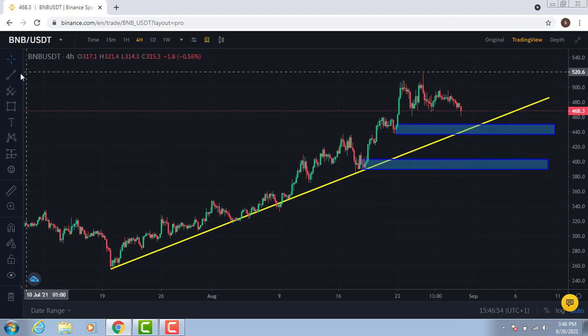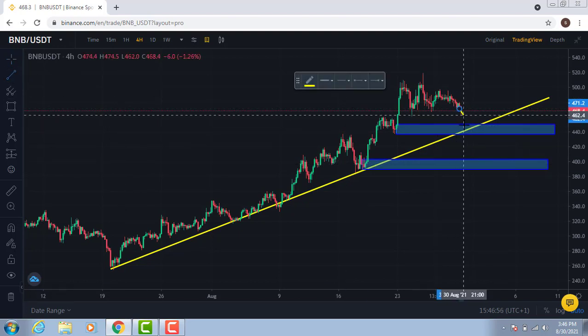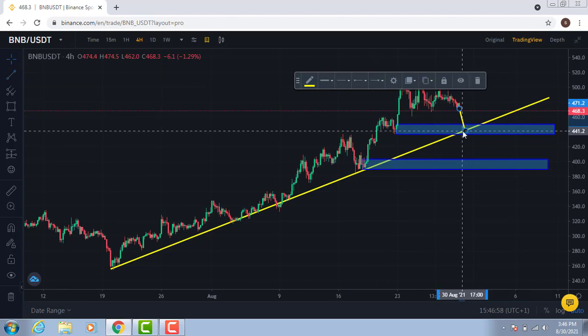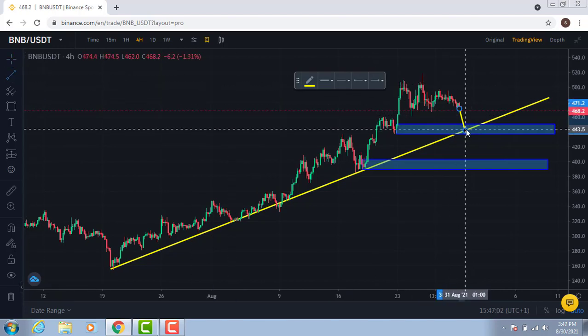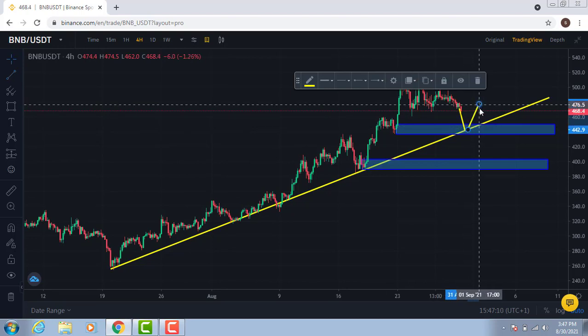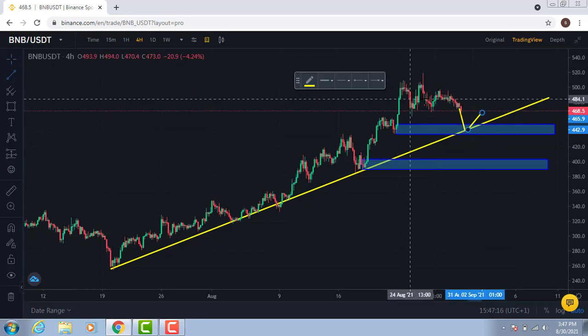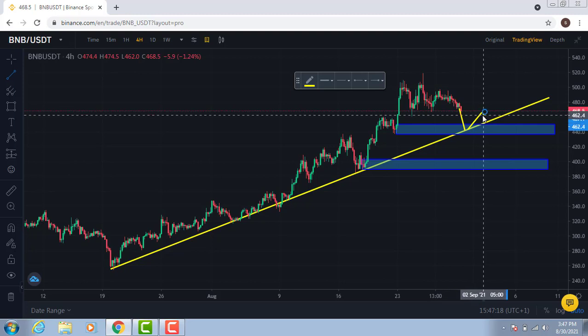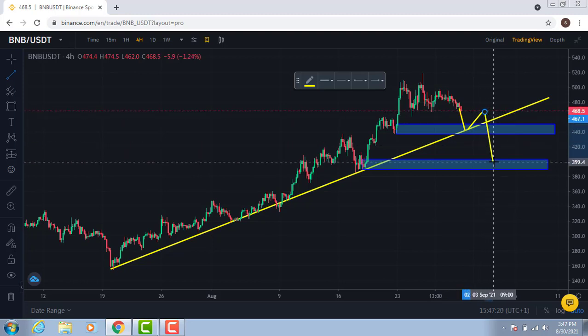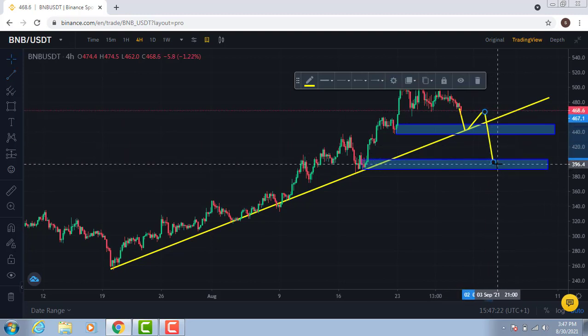So when the market is going back down, we want to see the market hit this line, and when it comes to this level, we want to see a retracement to the upside right here. Market should go up. And then this is support, not resistance, right here, and then you see the market go right down to this level, and then here should be where the major correction should end.